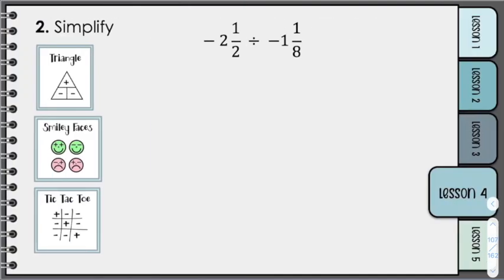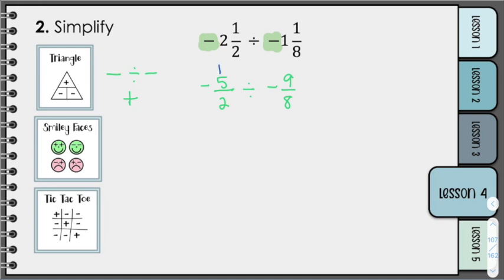And that's my answer. For number 2, here we have a negative and a negative. So we know when you have a negative and you divide a negative, you have a positive answer. I'm going to convert my mixed numbers to improper fractions. -2.5 turns to -5/2. Divided by -1 1/8 turns into -9/8.